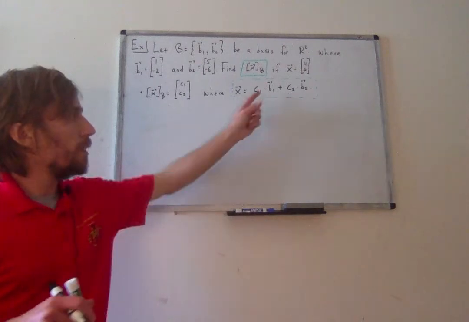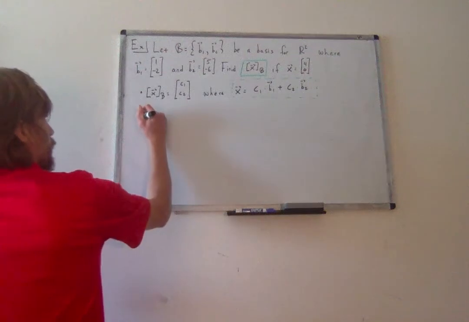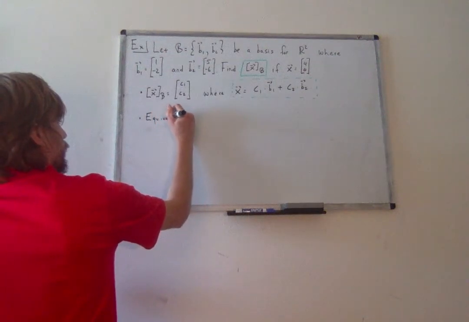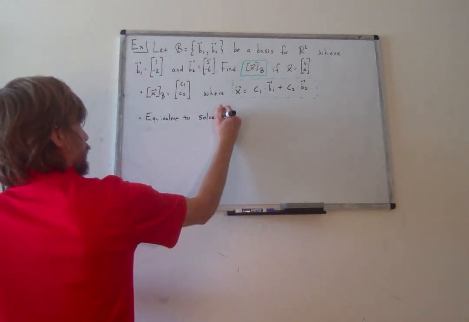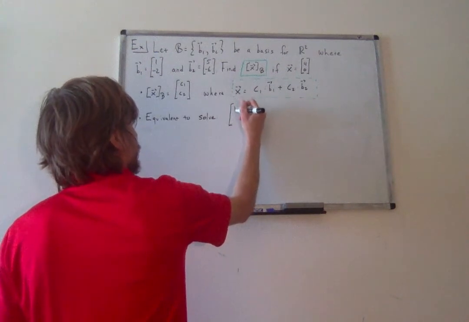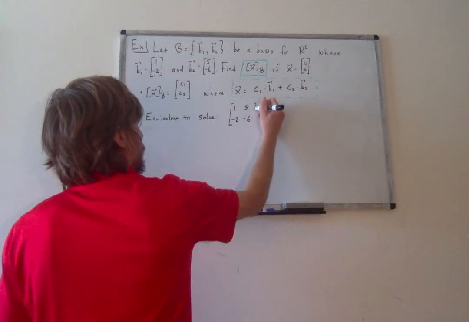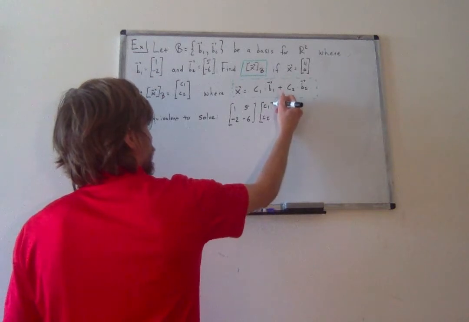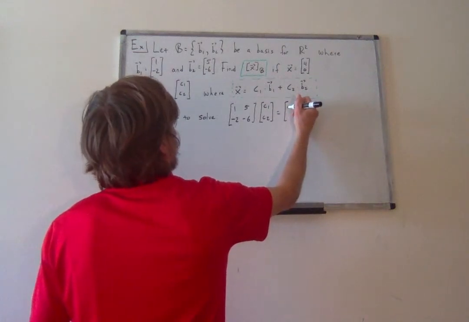Well, notice that this is just a vector equation that we want to solve. So this is equivalent to solving the following matrix equation, whose columns are given by these basis vectors B, multiplied by C1, C2 is equal to x.